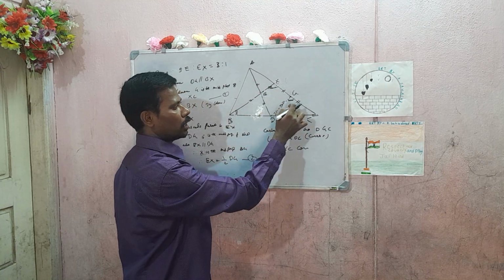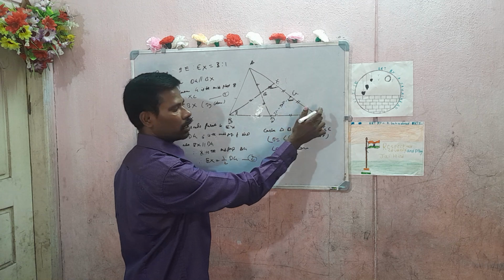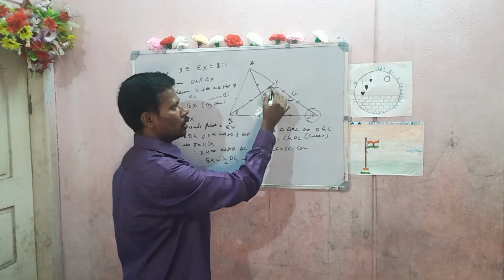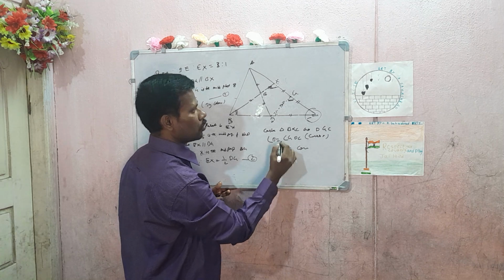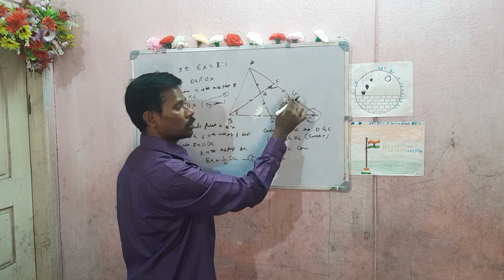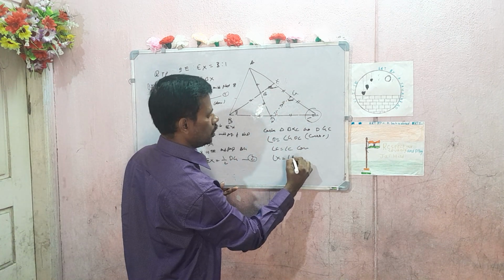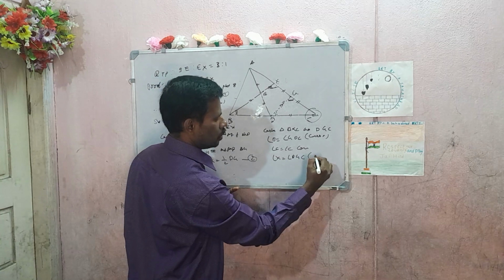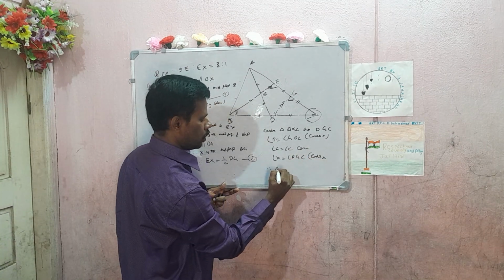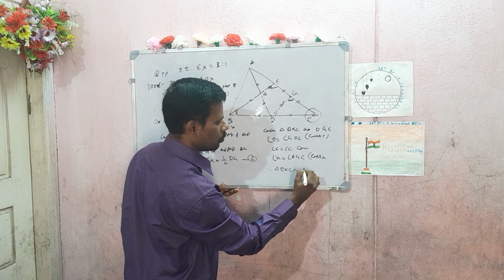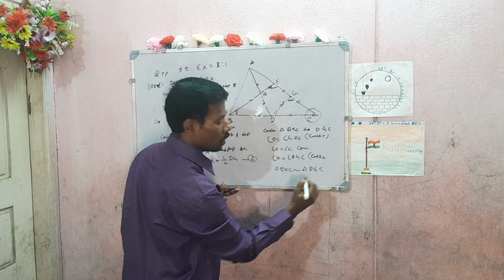For this big triangle and this small triangle, angle C is common. Next, angle X is equal to angle DGC. Why? Because they are corresponding angles. Therefore, triangle BXC is similar to triangle DGC.